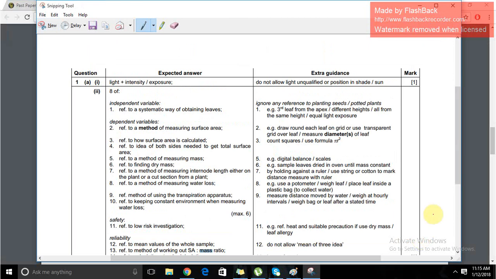Let's move on to the actual marking. So this is something we messed up on, because the actual variable is the exposure, and we are varying it by putting it either in the shade or the sunlight, and these are some distinct things you need to get an idea for. What you observe is not necessarily the independent variable.